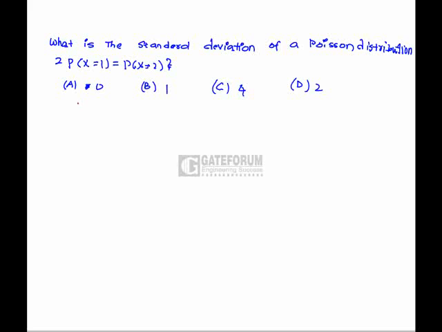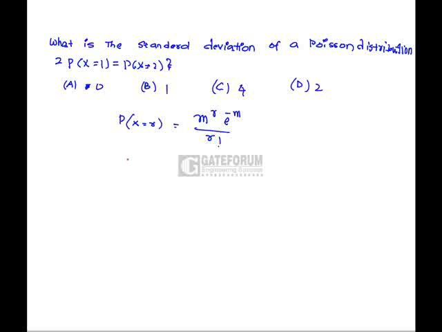Is the standard deviation of Poisson distribution, given P(x equals 1) equals P(x equals 2). Here, for the Poisson distribution, the probability of x equals r is m power r e power minus m divided by r factorial.